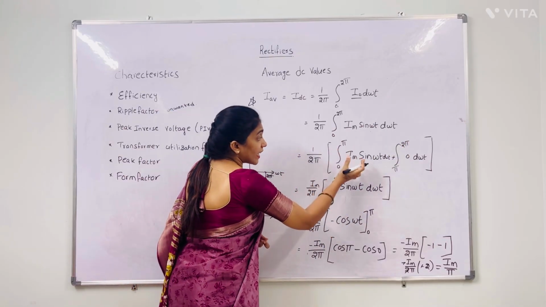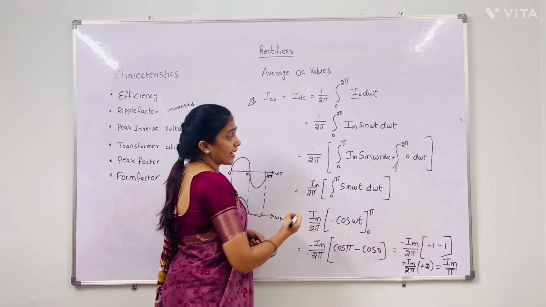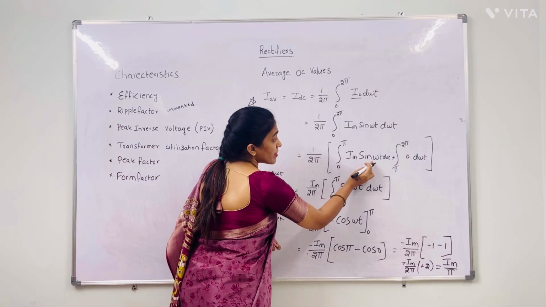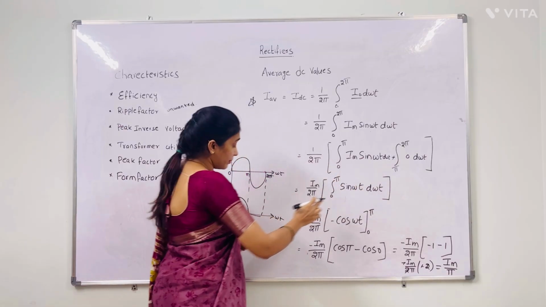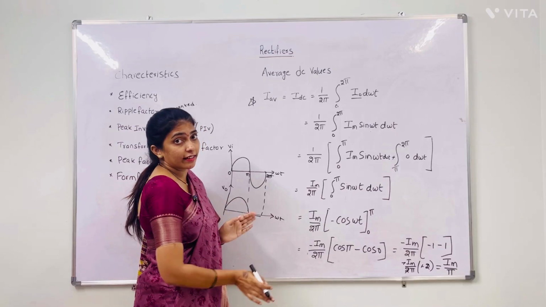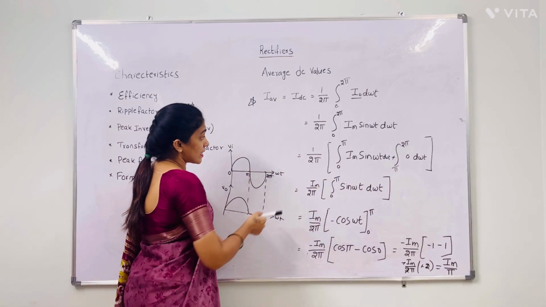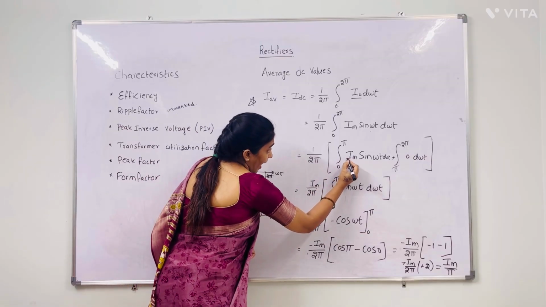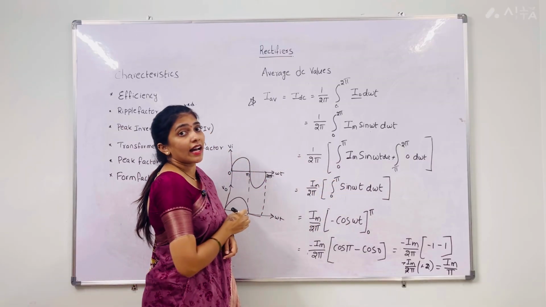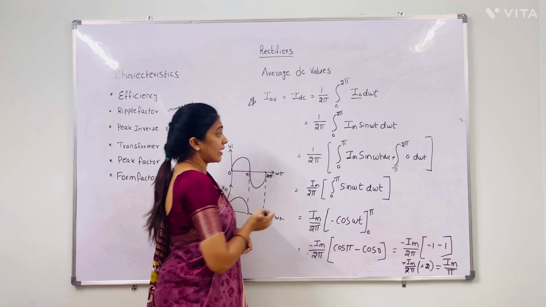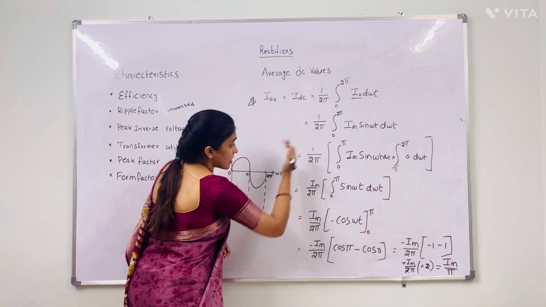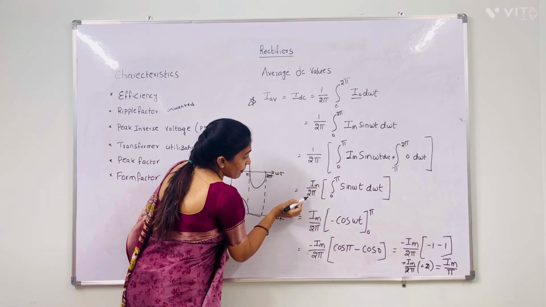From 0 to pi we get the output current, whose formula is Im sin omega t. But from pi to 2 pi we do not get the output, so we take 0. Next, this Im is a constant current, so Im is taken outside: Im by 2 pi.